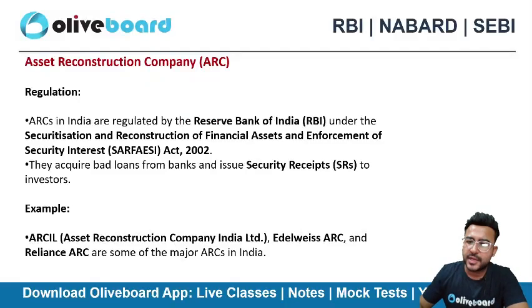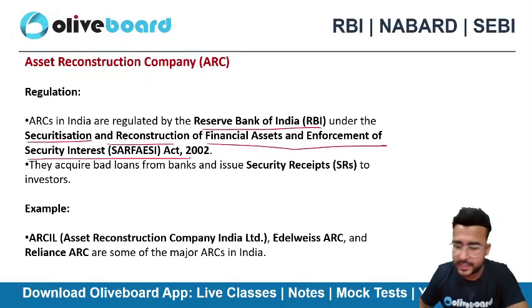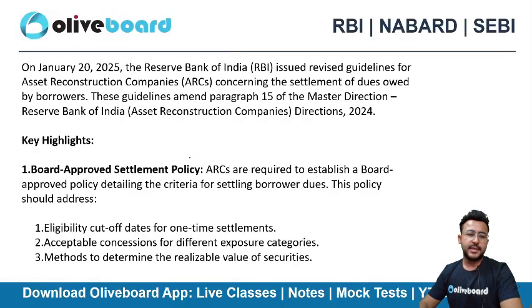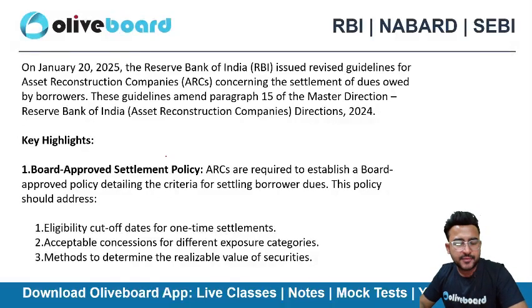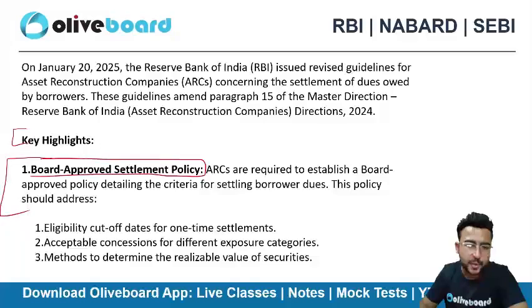Now ARCs are regulated by the Reserve Bank of India under the SARFAESI Act, Securitisation and Reconstruction of Financial Assets and Enforcement of Security Interest, right? So in January 2025, RBI revised the guidelines related to ARCs. The key highlight is ARCs now need to have a board approved settlement policy.